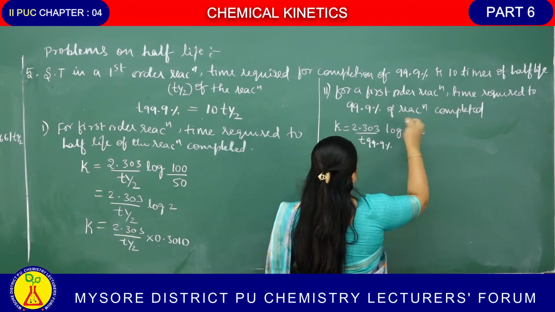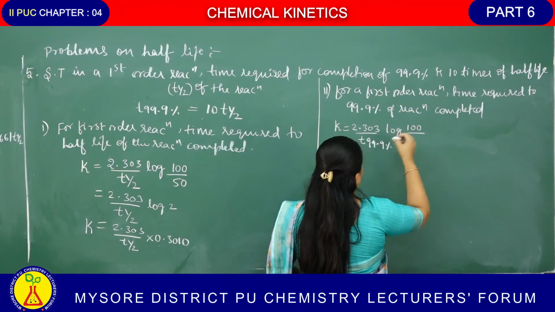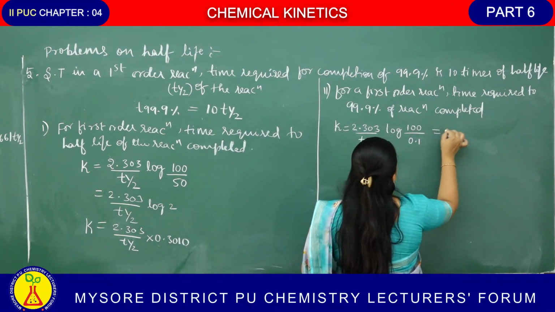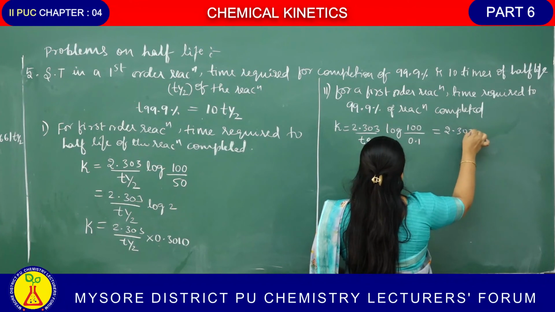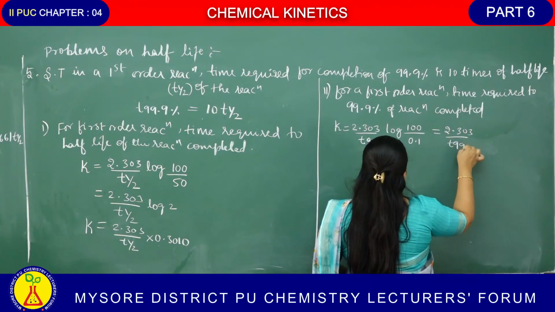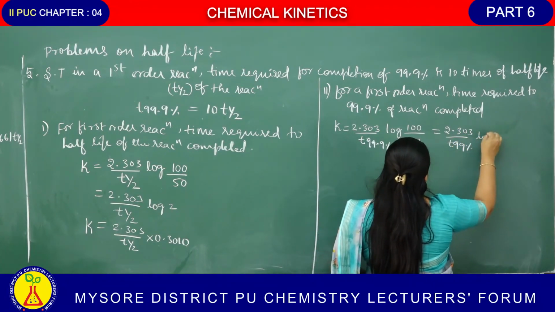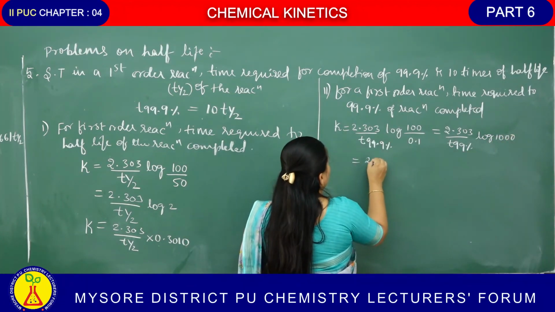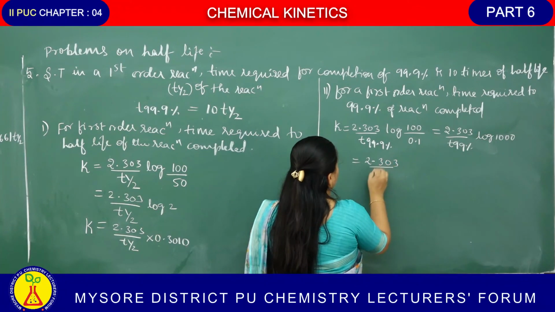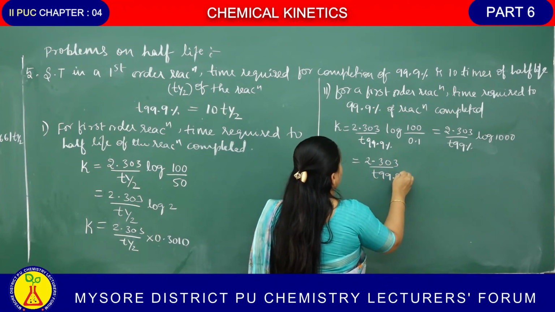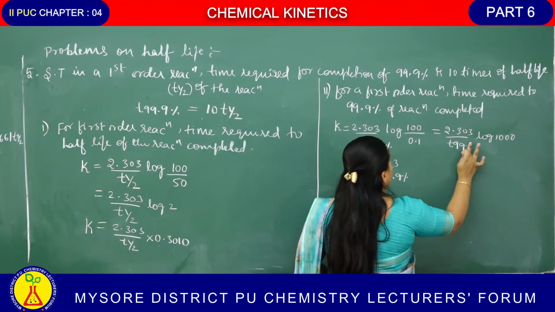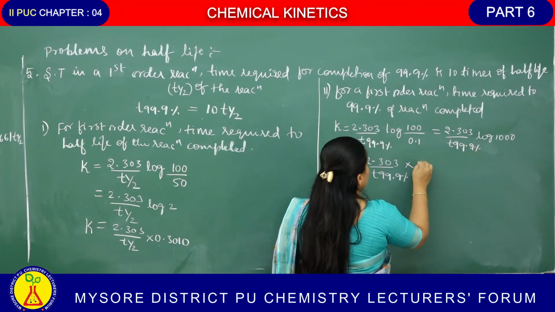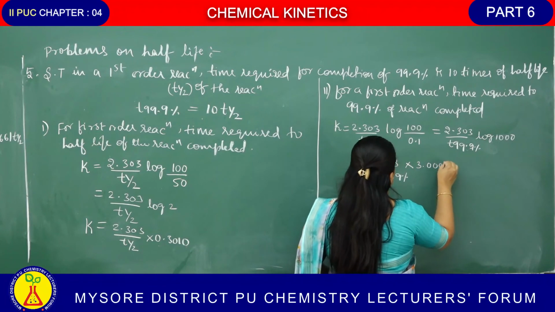Initially it was 100, 100 minus 99.9, 0.1 percentage. It becomes 2.303 divided by t 99.9% log 1000. What is the value for log 1000? 3. So 2.303 divided by t 99.9% into 3.00.